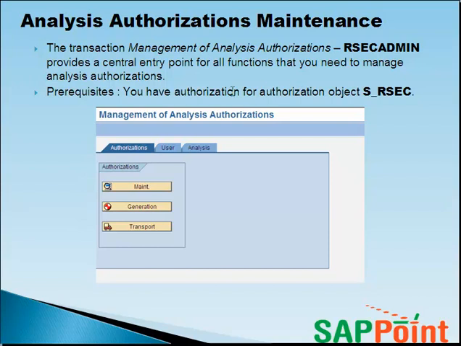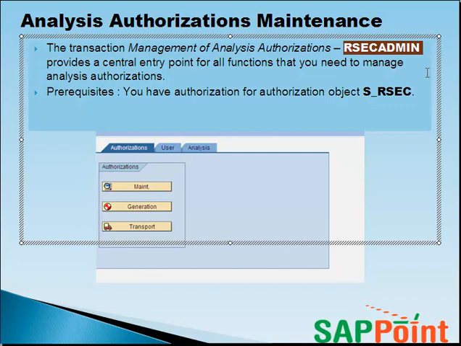So there is another big technical difference between BW and BI system, that the transaction RSSM is no longer used for creating InfoObject level security or troubleshooting. Instead, we use the transaction RSECADMIN for both the purposes. But RSECADMIN is also used for assigning the analysis authorization to the users. So we'll see how each of these tabs can be used in a demo.